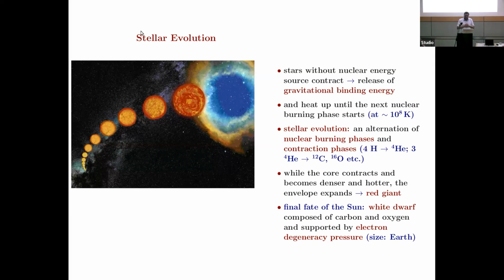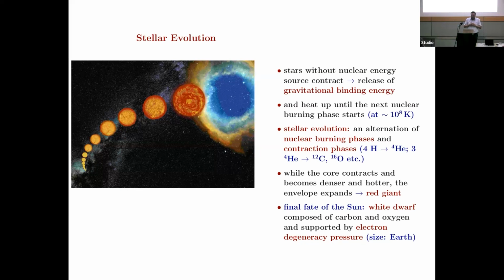Except that for the sun, it ends after helium burning because the sun then develops a degenerate core in the center. And as I mentioned before, that doesn't require any energy source. And so that is stable. At the same time, the star expands and the sun will become a red giant.